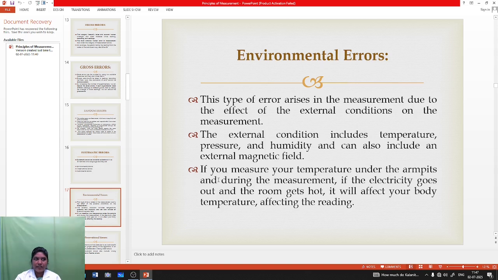For example, if you measure the temperature under the armpit and during the measurement there is an electricity shutdown or the room gets overheated, the temperature cannot be measured accurately because of room temperature variations. That is called environmental error. Temperature and humidity effects all come under this.